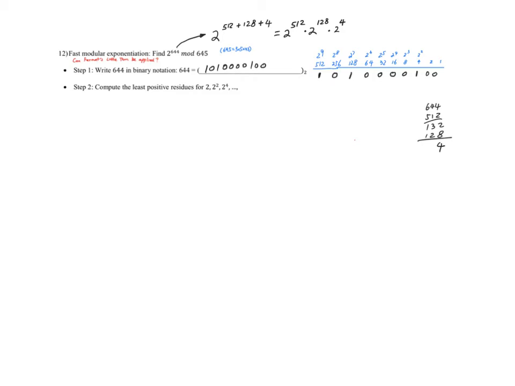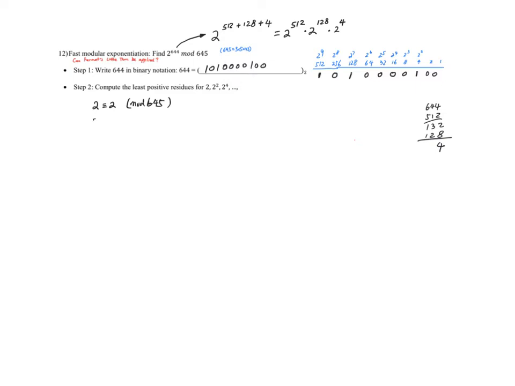Okay, so we are going to begin with the powers of 2. 2 to the power 1 is congruent to 2 mod 645. For all the following calculations, we are always going to mod 645, so allow me to skip writing it, otherwise it will be a little too much to write.